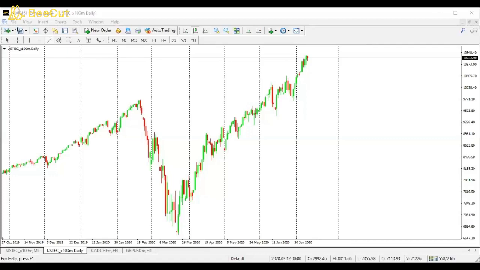The first thing I do is go to the daily time frame of the Nasdaq. We will be backtesting, analyzing action which has already happened in the past. So we'll draw my trend line.